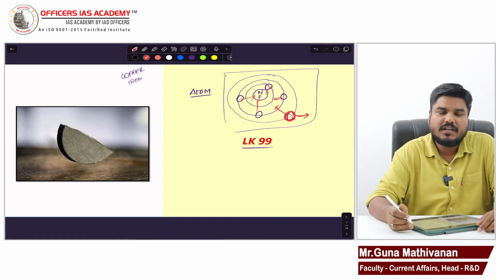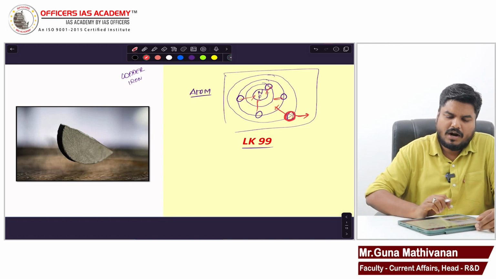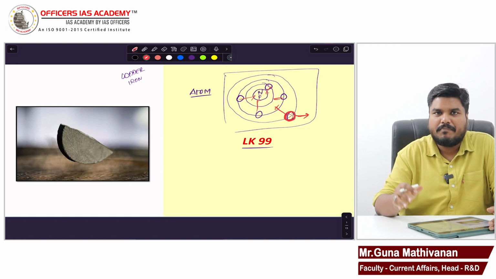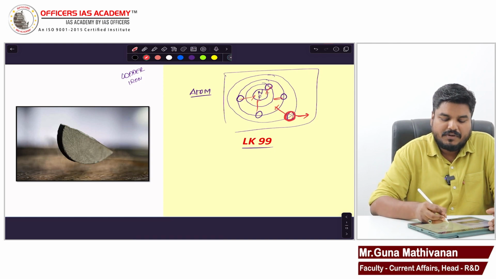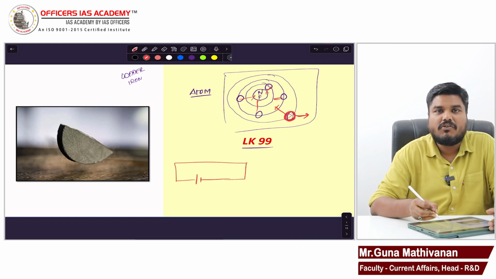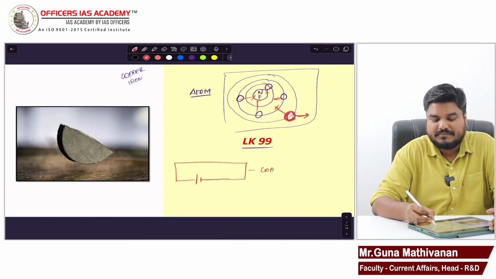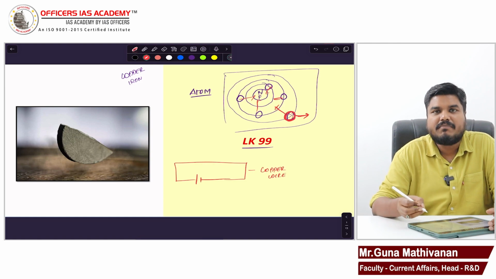So for example, copper. Now what happens, I will take a copper wire. This is copper wire. I am connecting it to the battery.